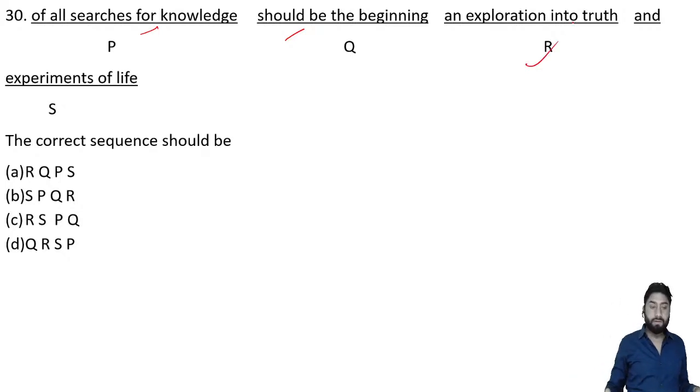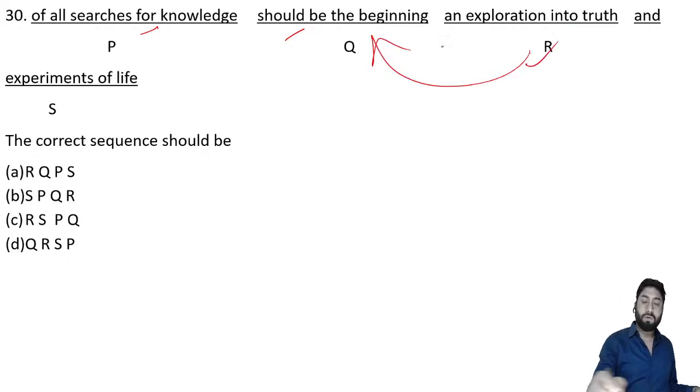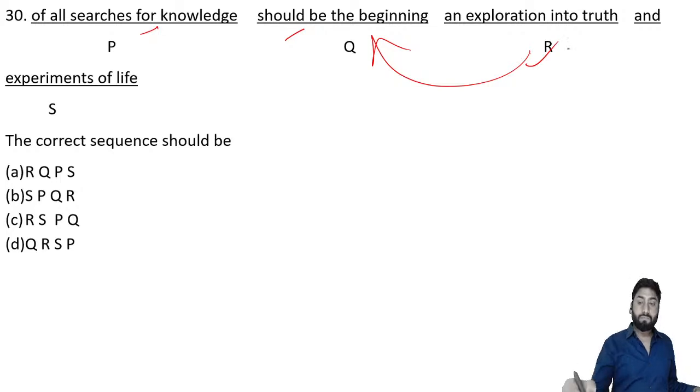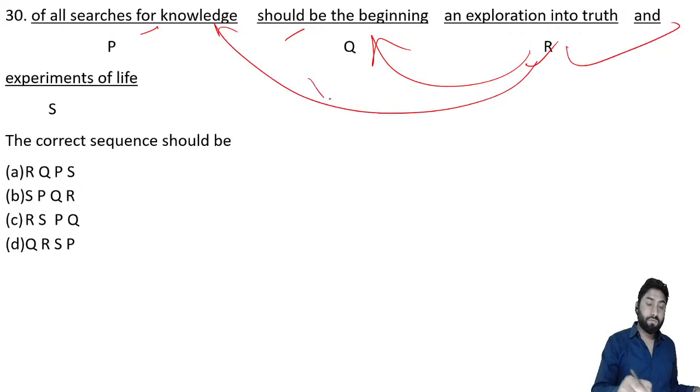So let's start with. अब इसके साथ mandatory pair form करो. An exploration into truth should be the beginning. An exploration into truth of all the searches for knowledge. An exploration into truth and experiments of life. Right? So which one should be the beginning? तो किसके साथ this forms the, well, here it doesn't form.